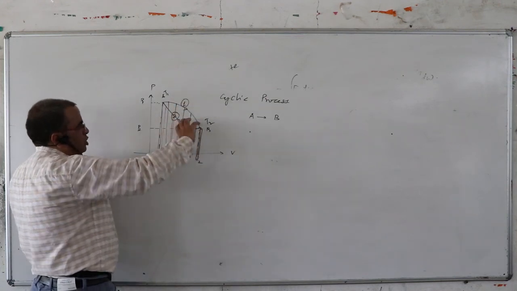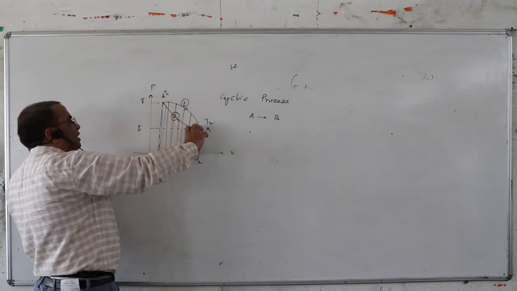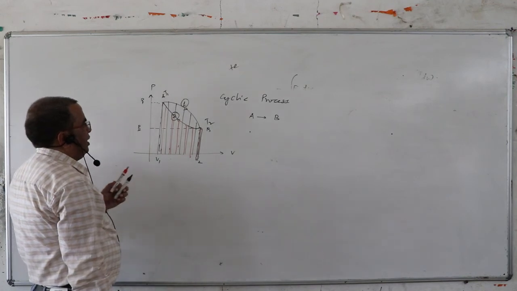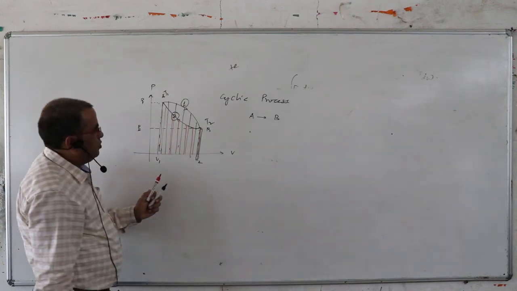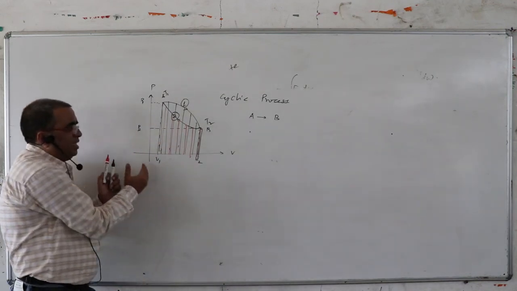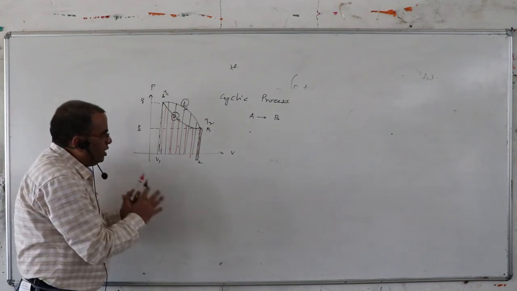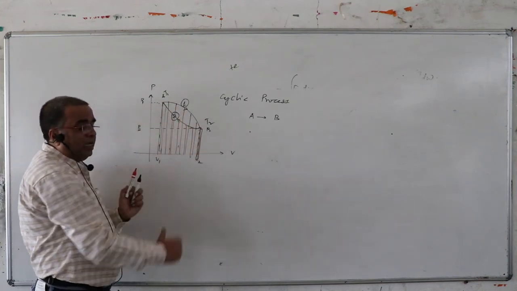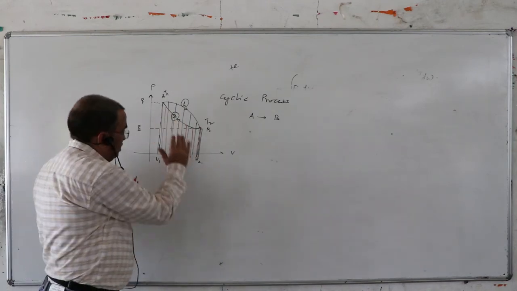In the second process, where we are taking the gas from state B to state A, we can see the gas is compressing. Definitely, the work done by the gas is negative, whereas in process 1, work done by the gas is positive.